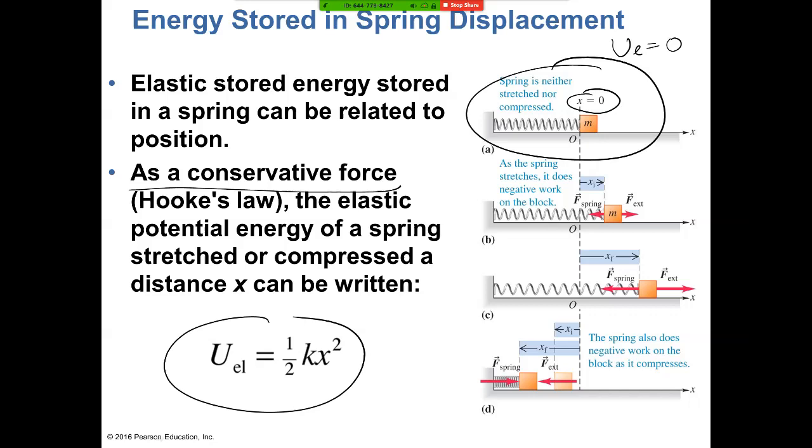Every time you change the position of the block relative to the equilibrium, there's an elastic potential energy equal to 1/2 k times x squared. So how much you stretch or compress determines the amount of stored potential energy.